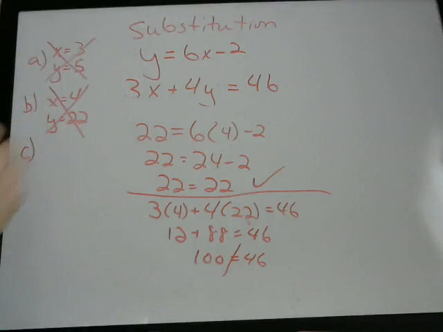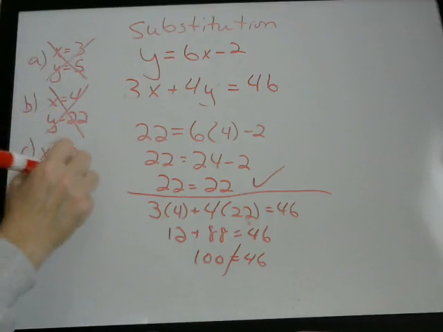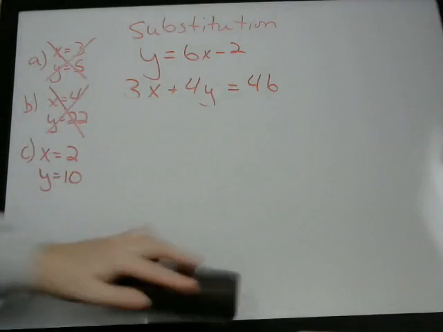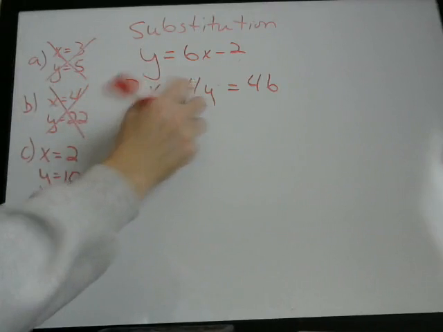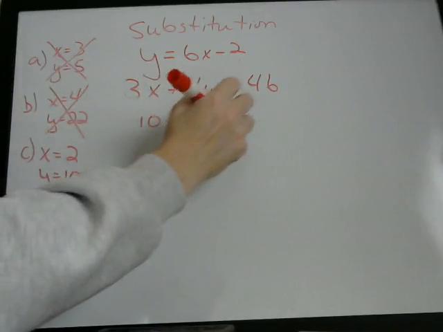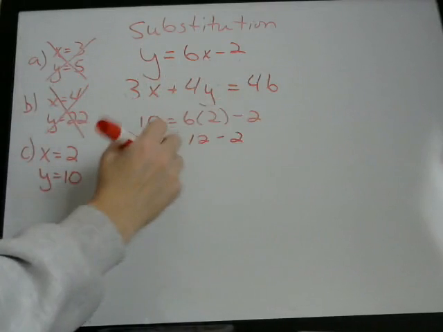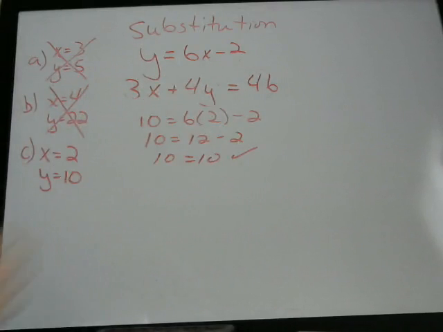So let's see. Let's say C is x equals 2, y equals 10. So we'll once again go to the first equation. y equals 10, so 10 equals 6 times x, which is 2, minus 2. 10 equals 12 minus 2, 10 equals 10. That checks out. This could be the right answer.